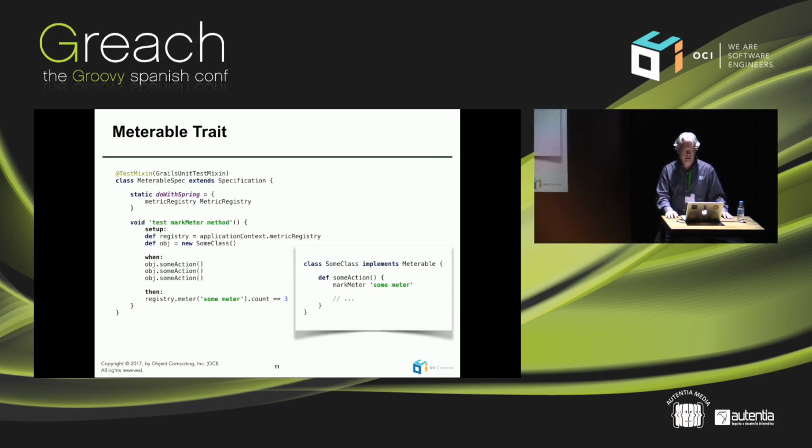Now it's there, and what the test is doing is invoking some action over and over again, and then making an assertion to make sure that the meter was incremented the appropriate number of times. The assertion at the end retrieves the SomeMeter from the registry and checks the count to make sure that we really are counting the things that we think we're counting.